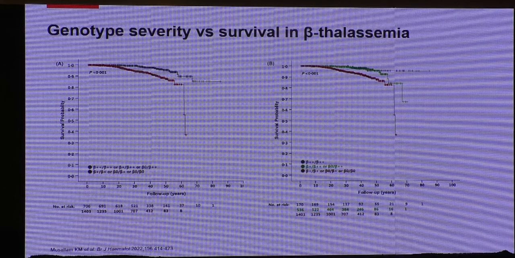And this was just to really revisit the link between the severity of beta mutations and a long-term outcome such as survival. And you can see here clearly in those graphs that we do obviously reaffirm the whole concept that the beta 0, beta 0 are the most severe forms, with the highest severity of ineffective erythropoiesis.